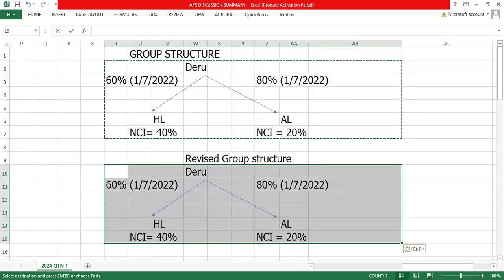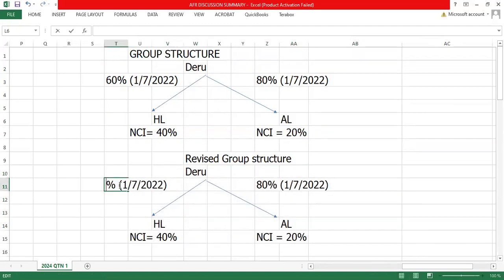When you look at the revised one, this one will be 80 because you are adding more 20. That was on 30th June 2023. So it means that here the NCI is going to change.